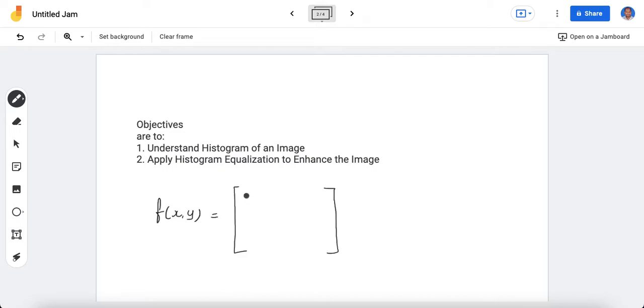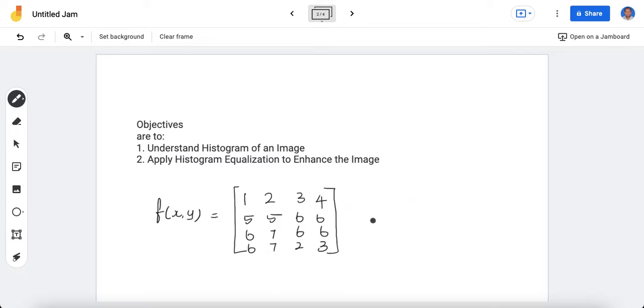Just for a simple example, I would like to make my intensity values 1, 2, 3, 4 in my first row. Similarly, 5, 5, 6, 6. Third row, 6, 7, 6, 6. And the last one, 6, 7, 2, 3.